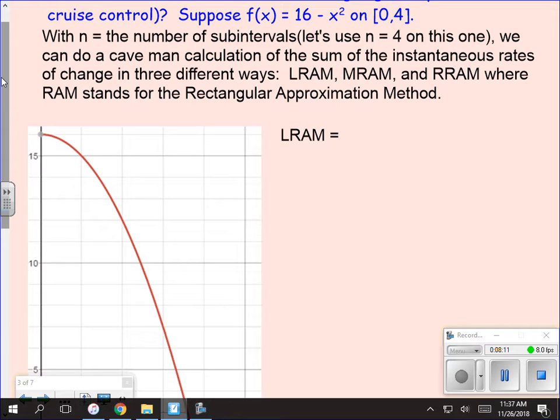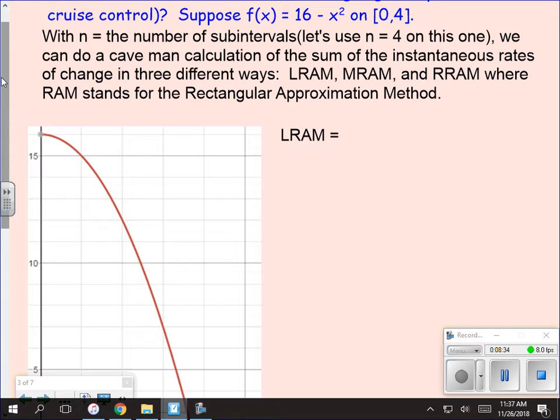I love this. Instantaneous rates 3 ways: LRAM, MRAM, and RRAM. RAM stands for rectangular approximation method. Notice the second word in RAM is approximation. You were right, I was wrong.